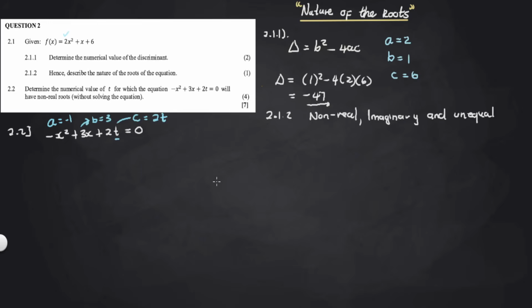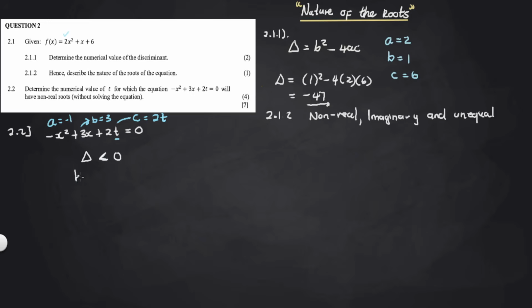Now, in order for the nature of the roots to be non-real, it means that the discriminant must be less than 0, just like we discovered above. So we need to calculate the discriminant for this equation.